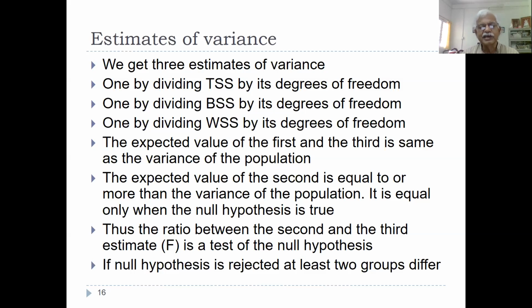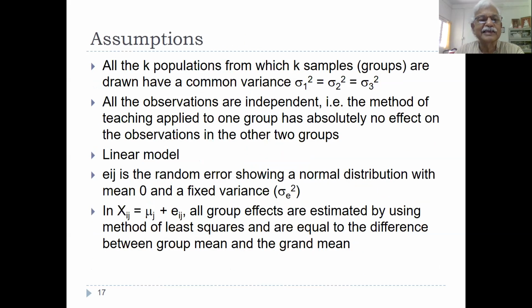And if the calculated value of F is less than the tabulated value of F at P equal to 0.05, or maybe you prefer P equal to 0.01 or 0.001, then there is no significant difference. And if the calculated value is higher than the tabulated value, then the differences are statistically significant, and the null hypothesis is rejected.